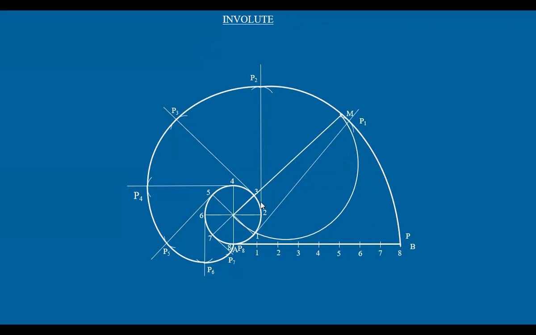This intersects the circle at some point. Join this point with M by a straight line. That will be the normal to the curve. Then draw a line perpendicular to this normal, and you get the tangent. Like this, we construct the involute and also find the tangent and the normal.